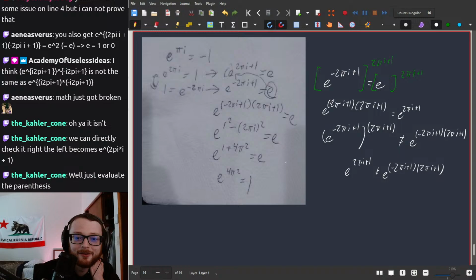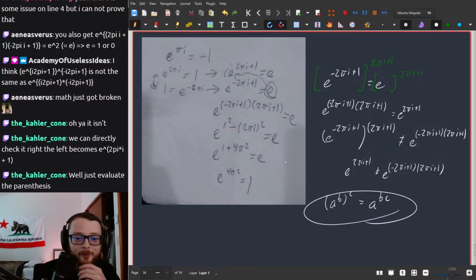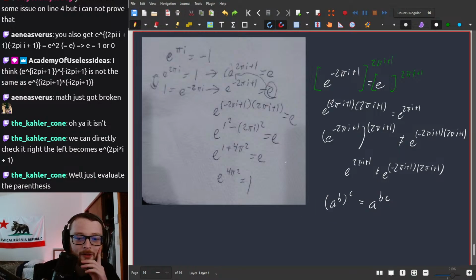Interesting. So I guess the issue is that this exponent property that we normally know and love isn't true for complex numbers.